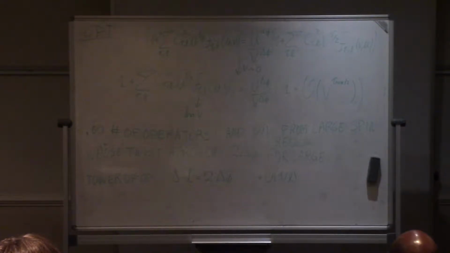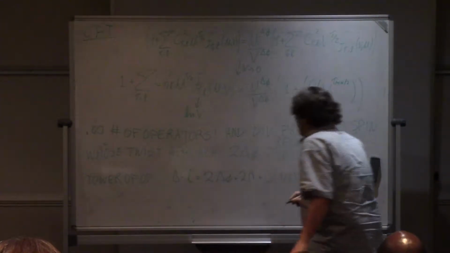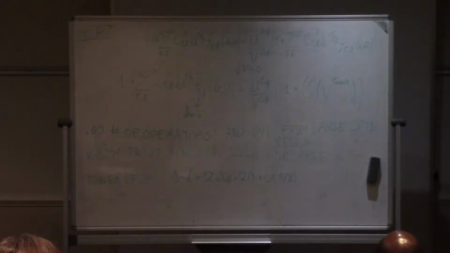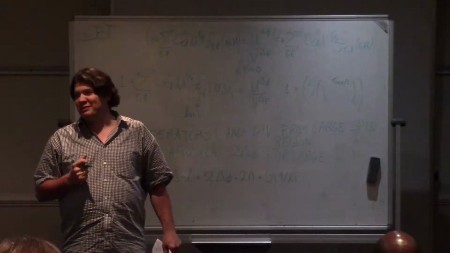If you do something slightly more advanced, it is very easy to show that actually you need towers of operators that behave like 2 delta phi plus 2n plus something of order 1 over L. Now, the next question is, what are the OPE coefficients of these operators?